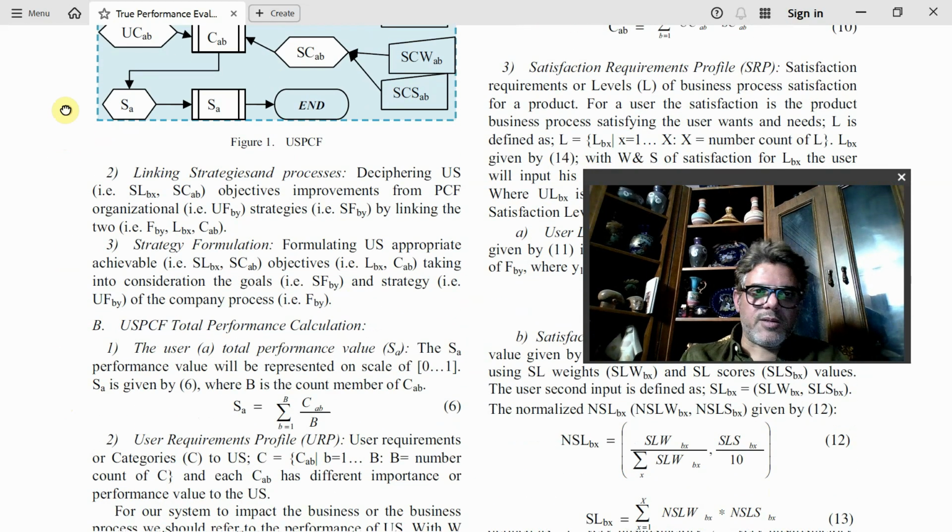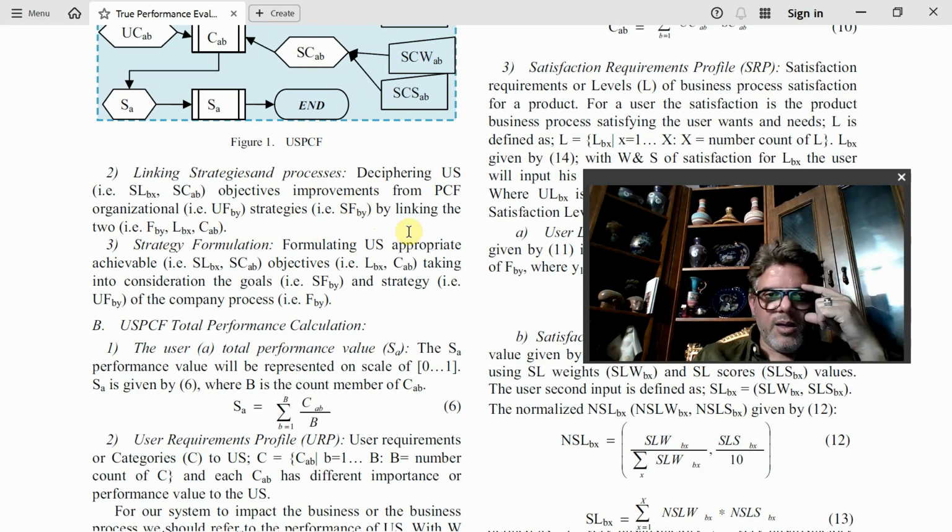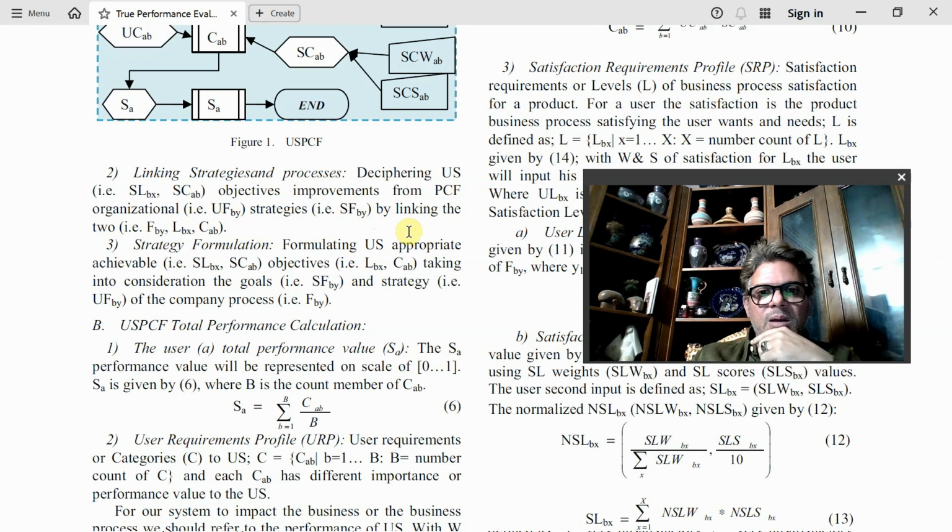So linking strategies and processes. Deciphering user satisfaction level, satisfaction categories, objectives, improvements from the PCF organizational user framework, strategies, satisfaction framework, by linking the two.